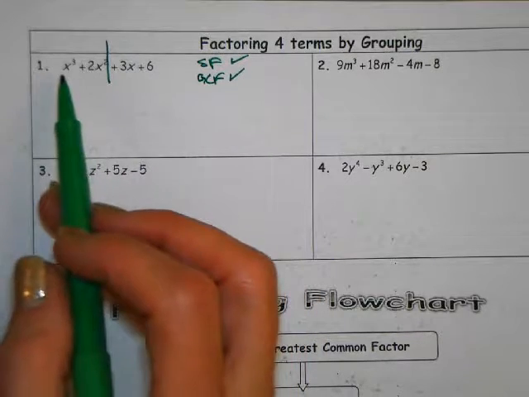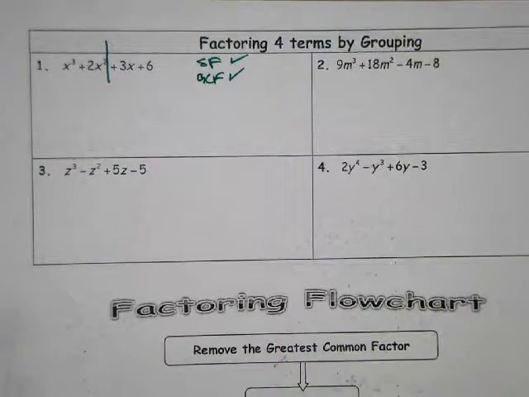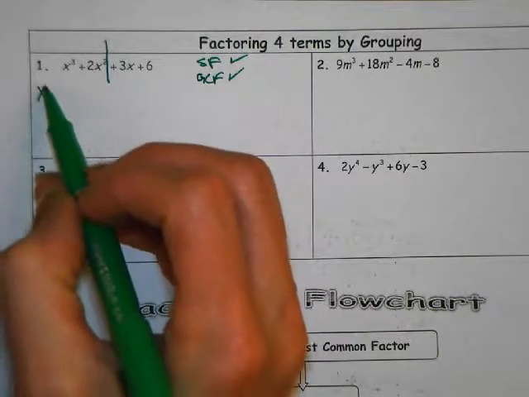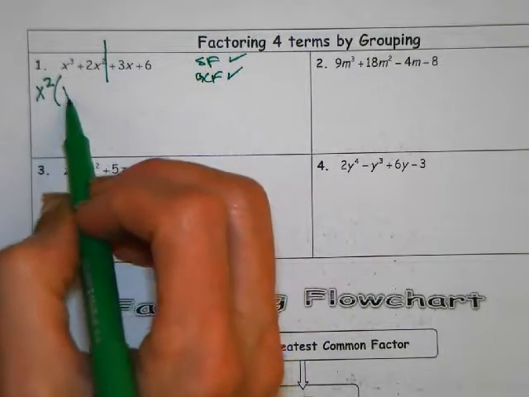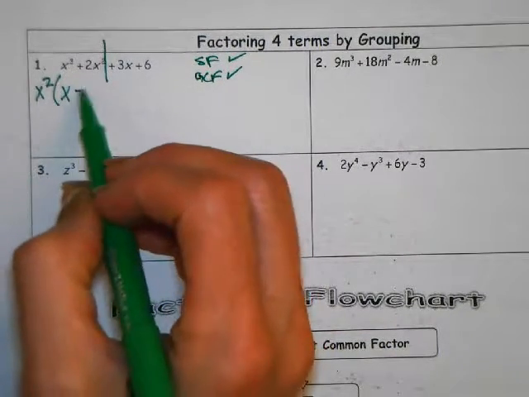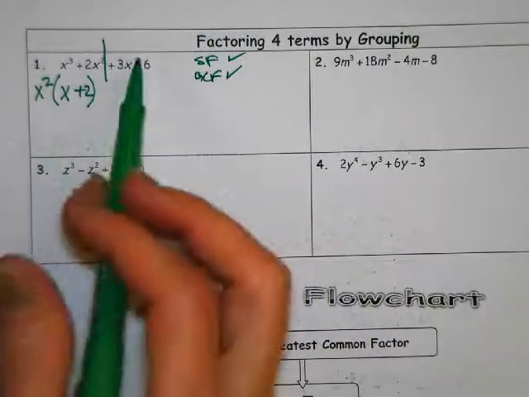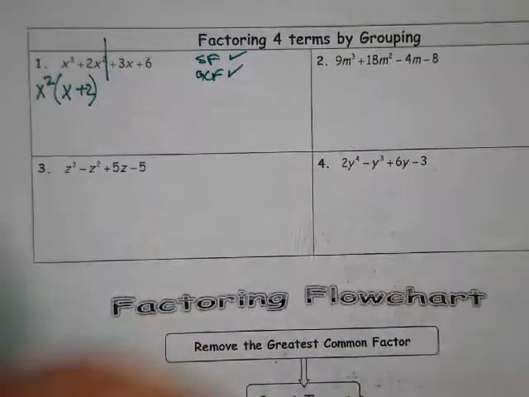So if I look at x cubed and 2x squared, is there a greatest common factor in those? X squared. So I'm pulling x squared out. What am I left with on the inside then? I'm left with x plus 2. So I'm going to divide it in 2, look at each one separately, and pull out the greatest common factors. Okay?